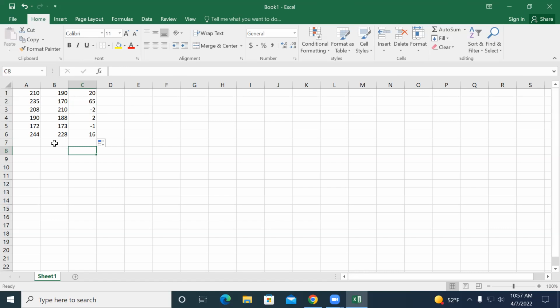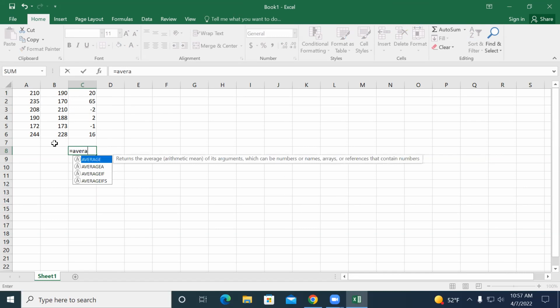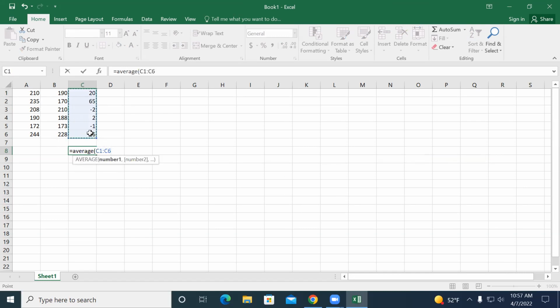Then you want to find the mean, D bar, so type equals AVERAGE, and select the cells you want it to take the average of. Close the parentheses and hit enter. That tells you D bar.